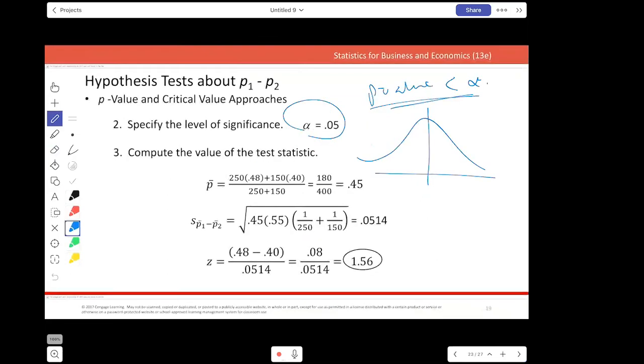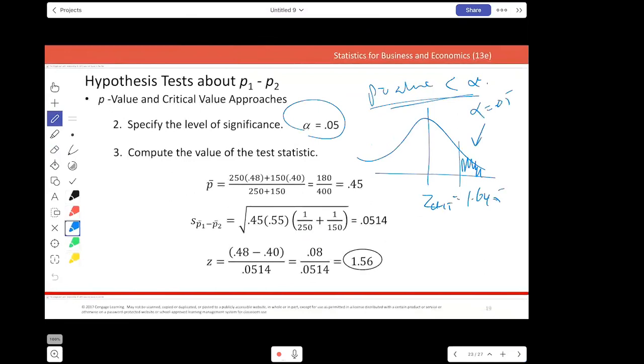So that means that it's a one-tailed test. All right. Since it is a one-tailed test, we're looking at the upper tail, and that area is alpha, which is 0.05. If that area is alpha 0.05, the Z critical is 1.645.